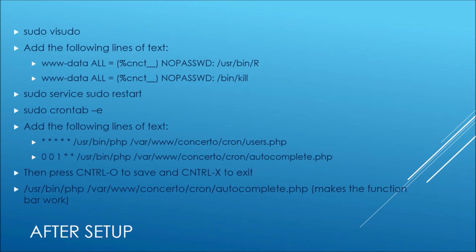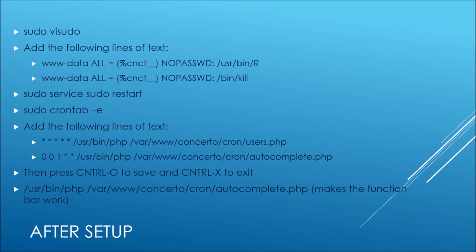We need to type that Linux command sudo V4.0, and then we need to add the following 2 lines of text, and these correspond to the username and so forth that we had appended in those last settings within the settings.php file. So www space dash data, or for that particular rest of that line of text, and the same thing underneath, although referring to no passwords to a different directory.